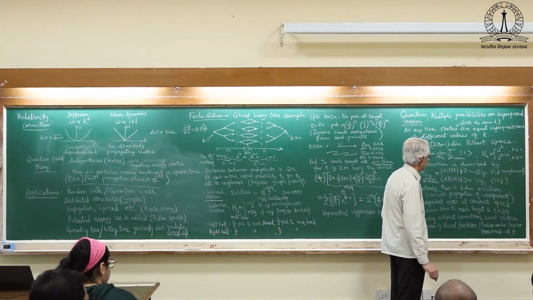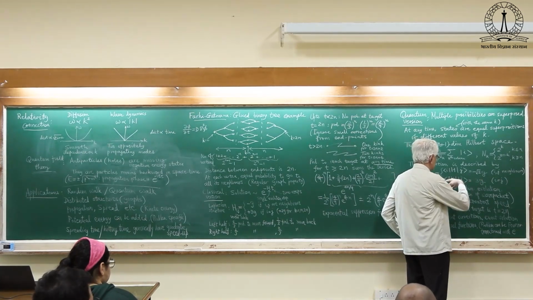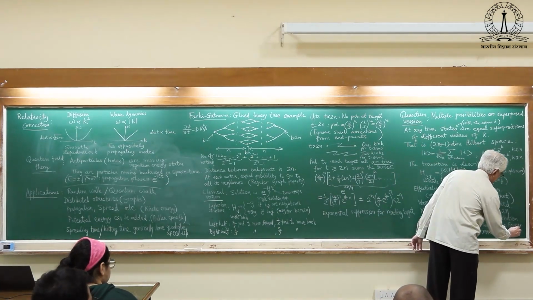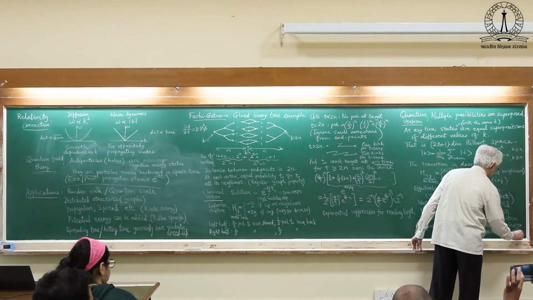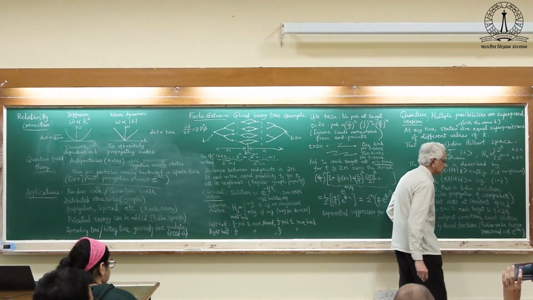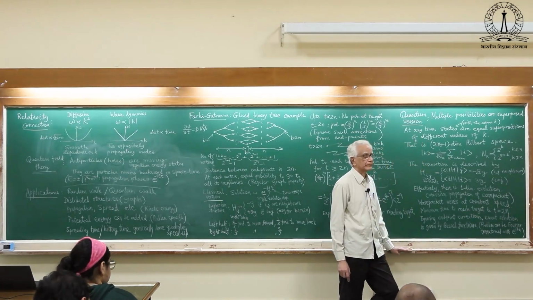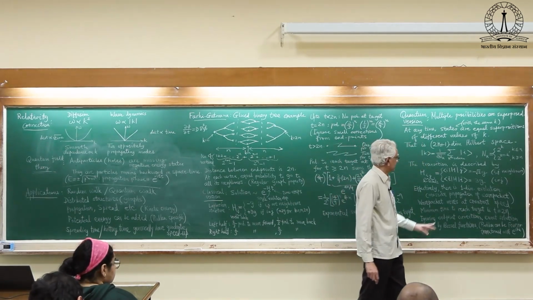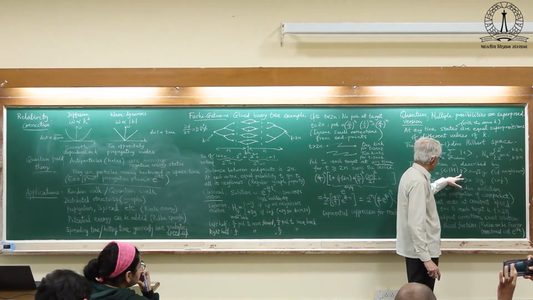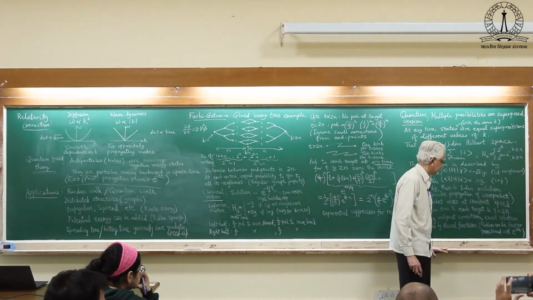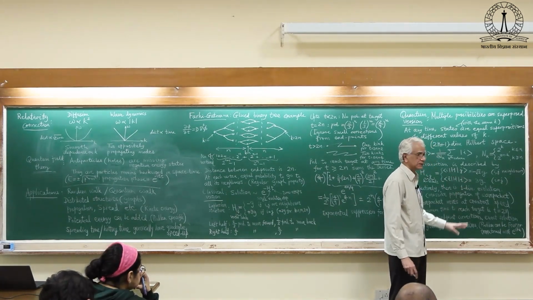I need a Fourier label, so the coordinate label is k, so let me write it e raised to i p k. Then by Fourier transforming, this thing corresponds to a difference of k between two values equal to 1.